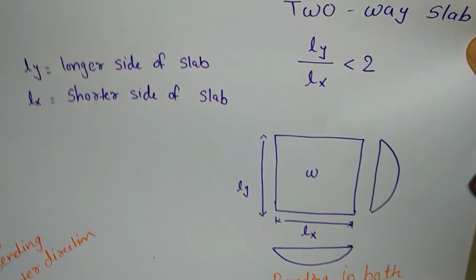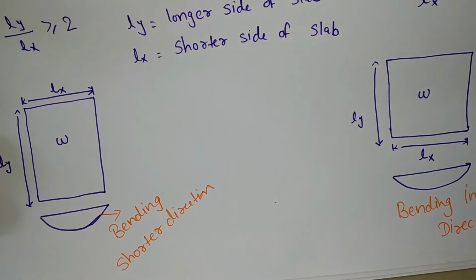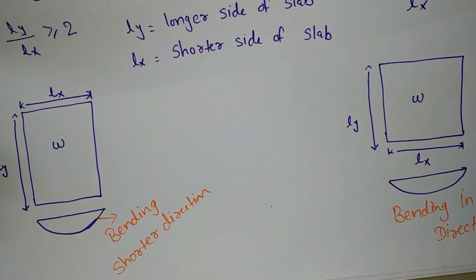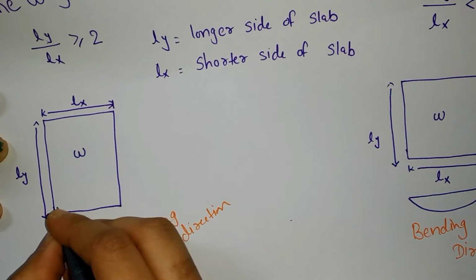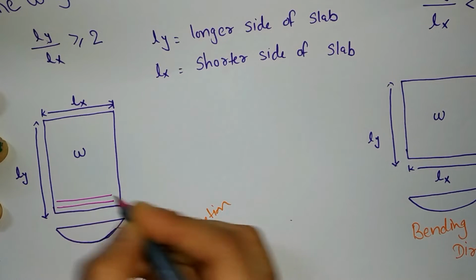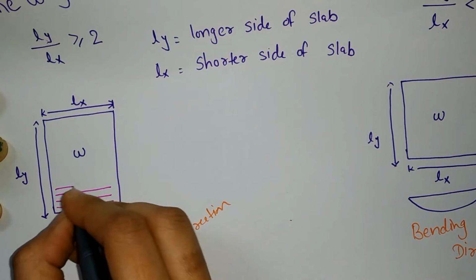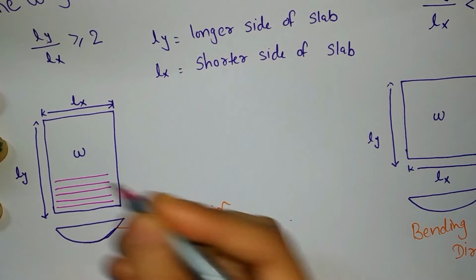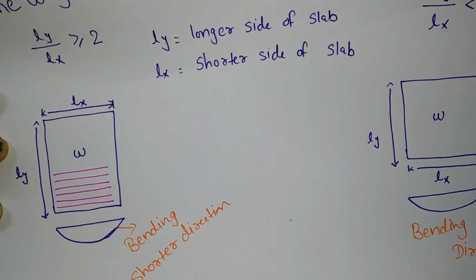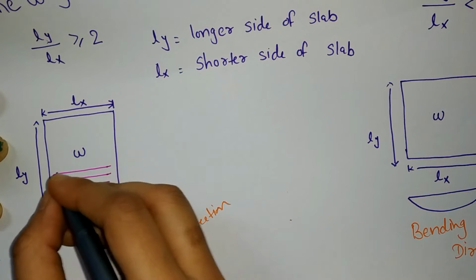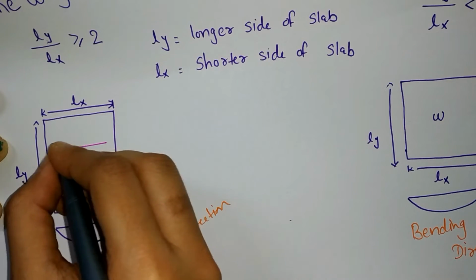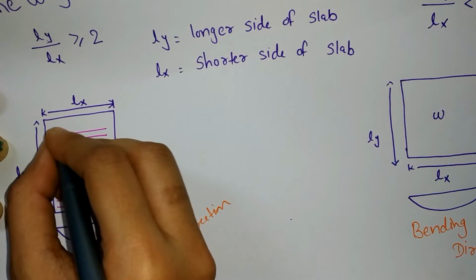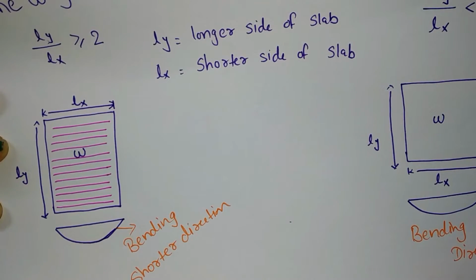Okay, now as our one-way slab bends in the shorter direction, that's why we provide main reinforcement in the one-way slab along the shorter direction. Okay, I think we already know that in a one-way slab the main reinforcement will be along the shorter span, and along the longer span we will provide distribution steel.